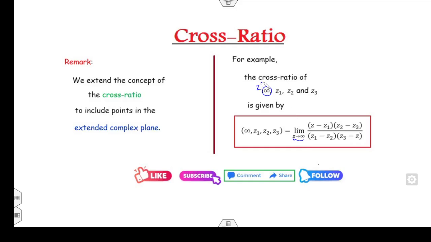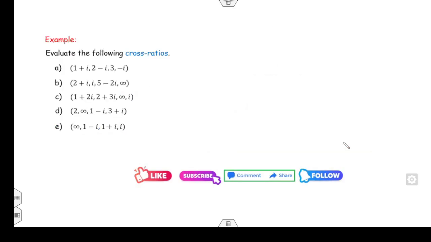The way of writing is the same: z minus z1, z1 minus z2 and so on. For example, can you evaluate the cross ratio? Let's say for the first part, I use 1 minus iota, 2 minus iota, 3 minus iota. How can you write that? First component minus second.